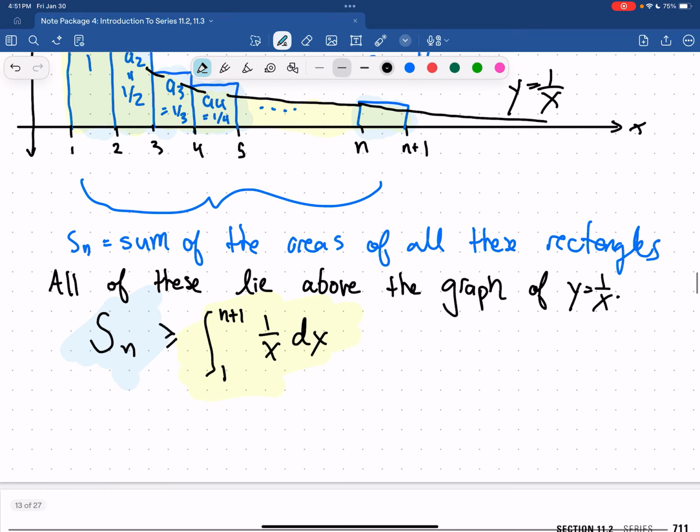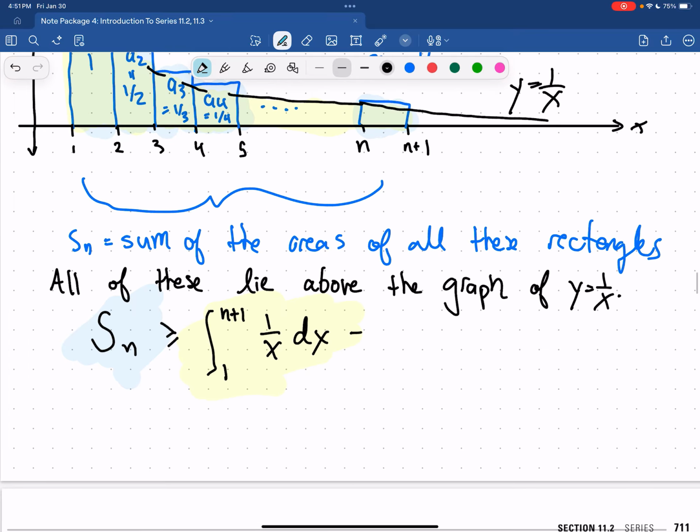Well, this integral, we know what that is. If we evaluate that integral, it's log x at 1 and n plus 1. Log of 1 is 0, so this ends up just being natural log of n plus 1.